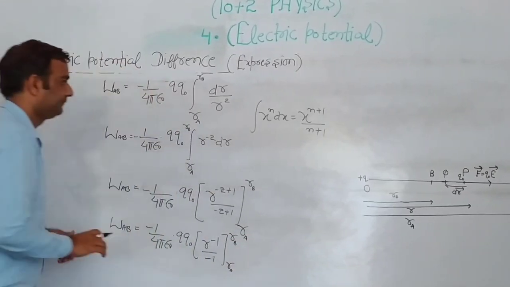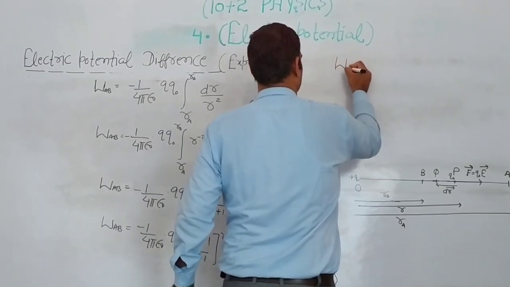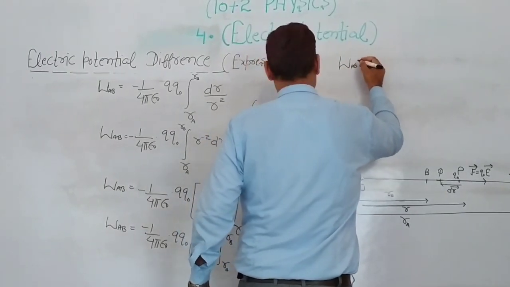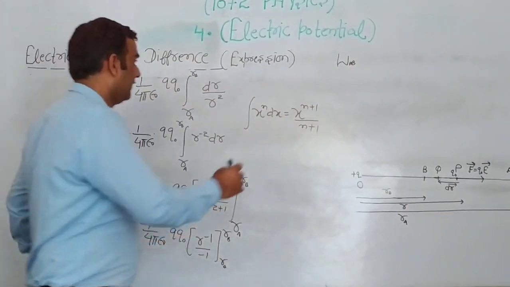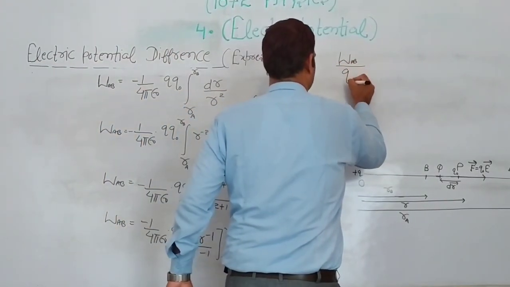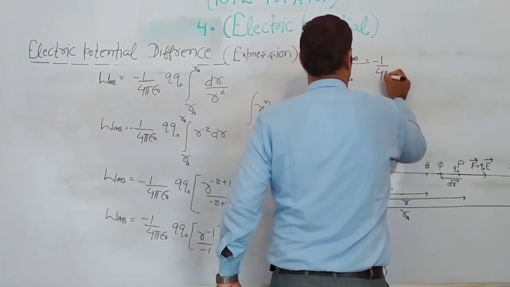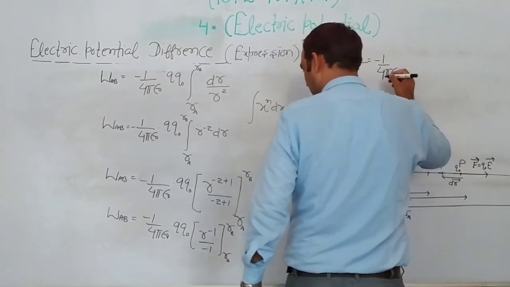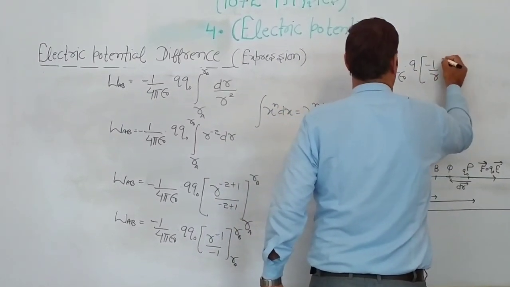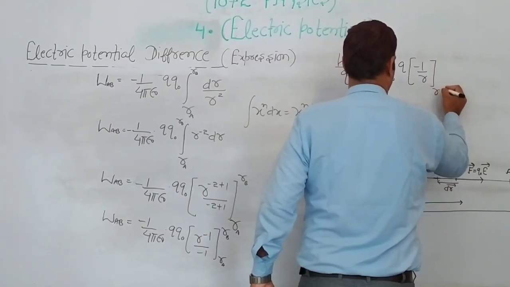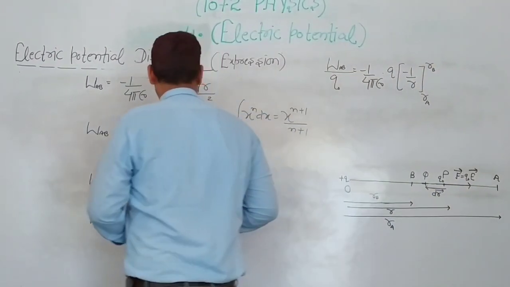to r_B. W_AB, this Q naught present here comes here, upon Q naught, equals minus 1 upon 4 pi epsilon naught Q, minus 1 upon r, limit from r_A to r_B. Clear?